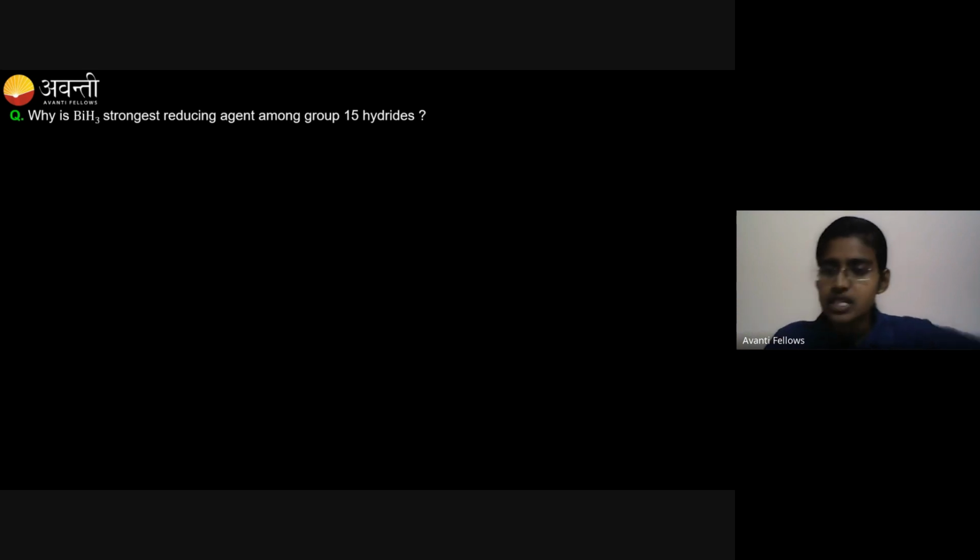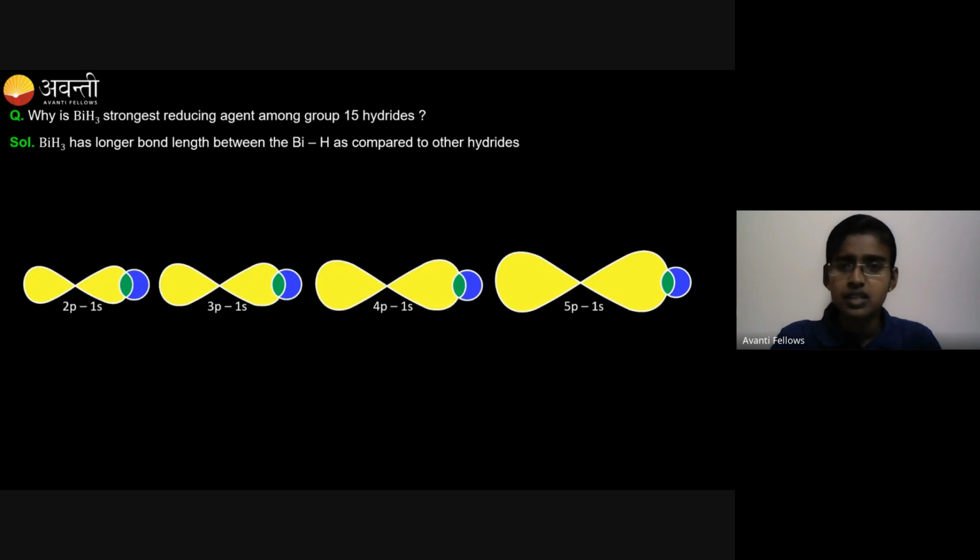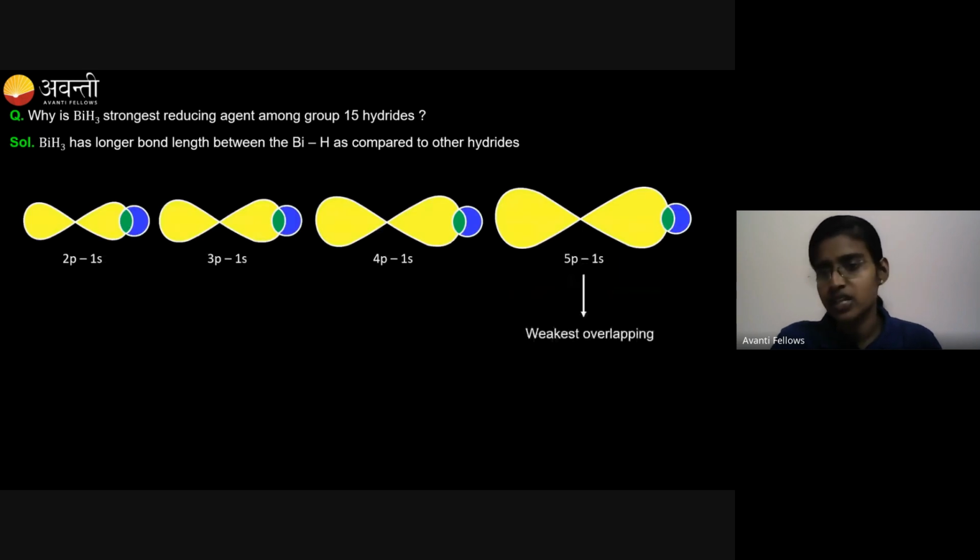It can easily lose hydrogen. Yeah, very good, Navya. It can easily lose hydrogen because the bond length between bismuth and hydrogen is very high, so the bond strength is very less. So it can easily be broken. They have the longer bond length, the same picture we have already studied.